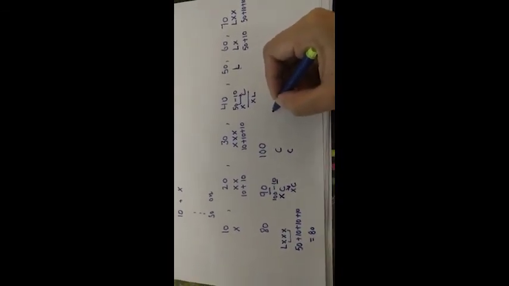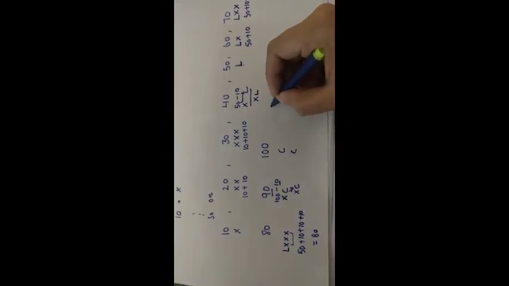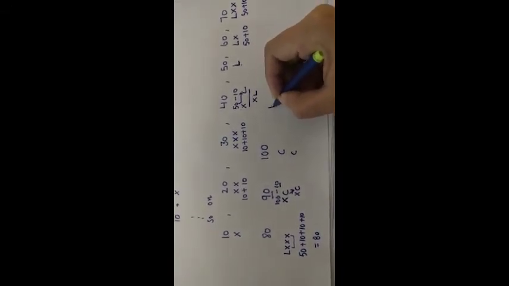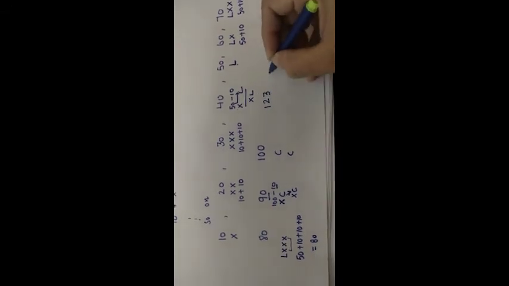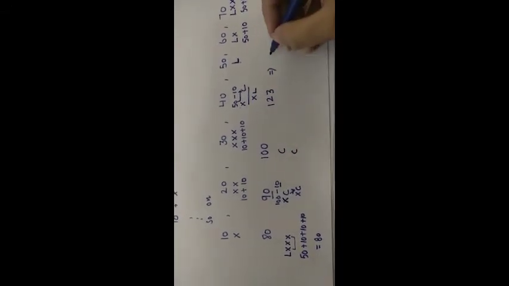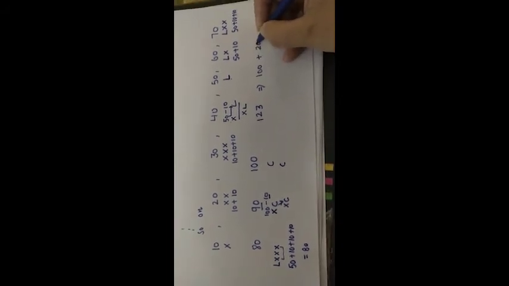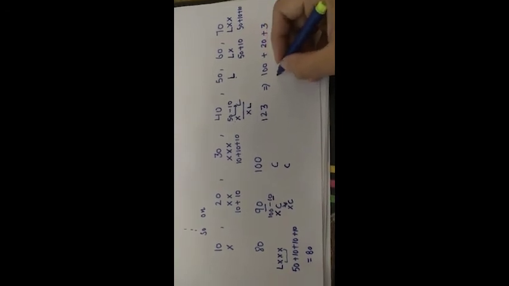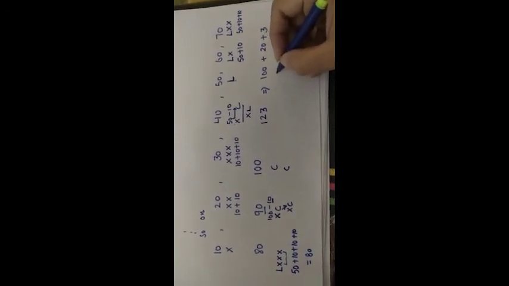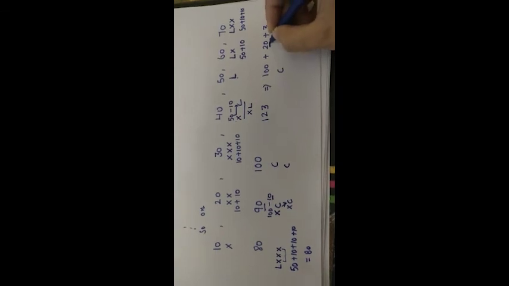How do we combine the numbers? Say if I want to write 123, we break up the number: 100 plus 20 plus 3. How do we write 100? C. How do we write 20?